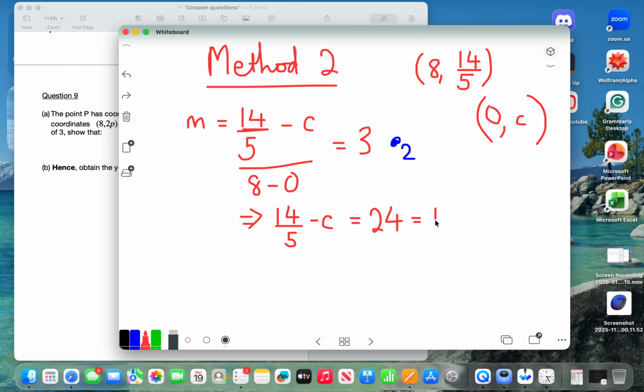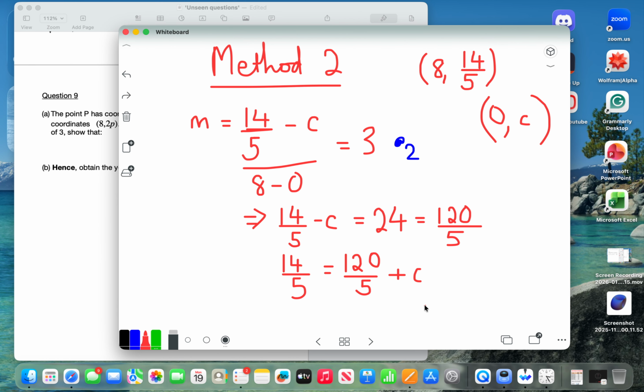And again, we got 120 over 5. And rearranging this, we get 14 over 5 is 120 over 5 plus c. And if we then take away 120 from both sides, we get the same answer that we got the last time.